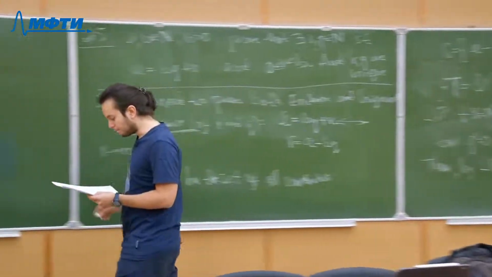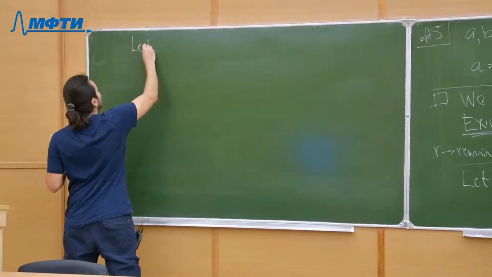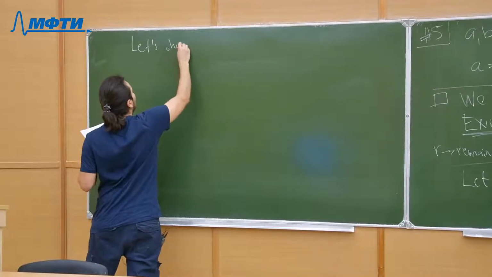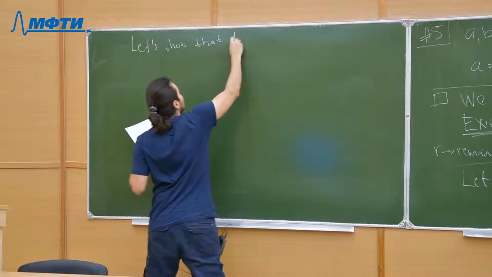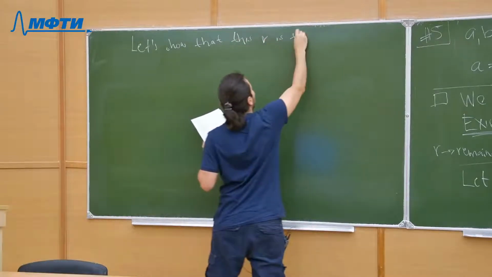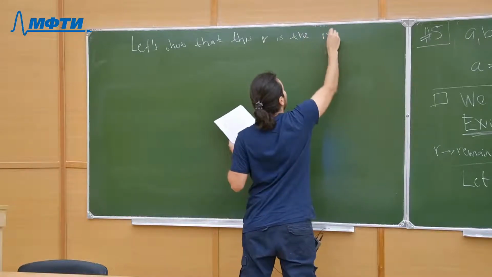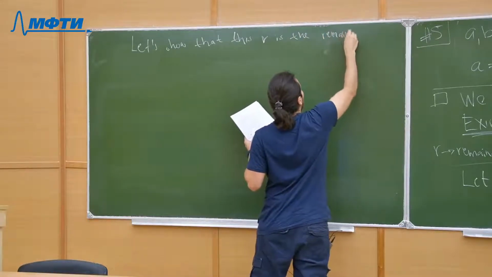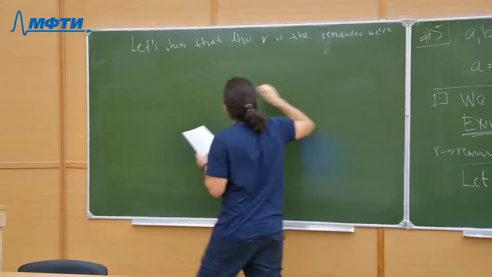Now we need to show that this R is the remainder we are looking for.